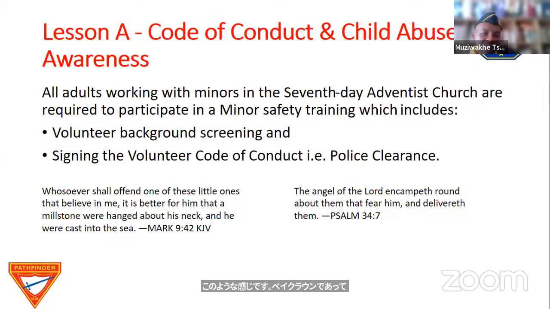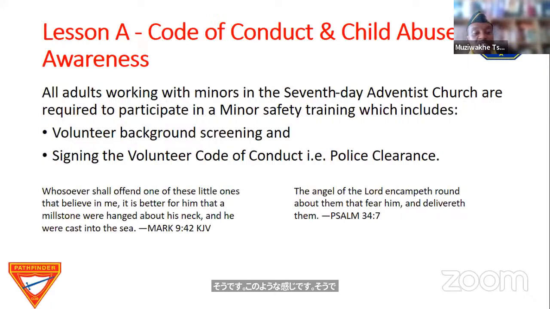There are 2 Bible texts that show how serious God is about our children. The first one is in Mark chapter 9, verse 42, and it reads, "Whosoever shall offend one of these little ones that believe in me, it is better for him that a millstone were hanged about his neck, and he were cast into the sea."